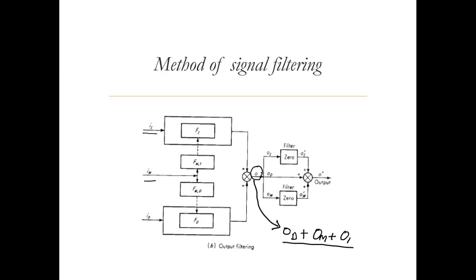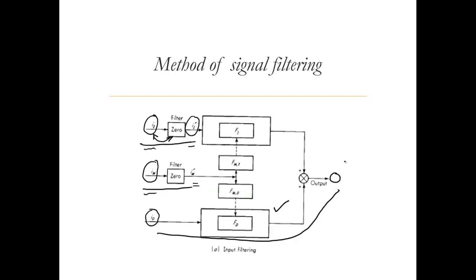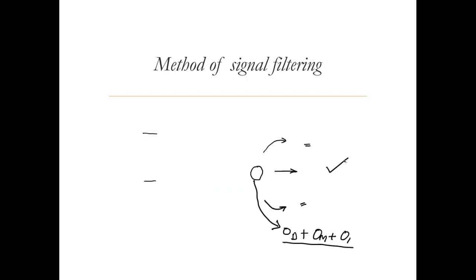So you can always analyze an output for such things, and then design these filtering mechanisms so that the output itself can be filtered, so only the desired output is allowed to pass through. So you have a filter that blocks the output due to the interfering inputs and the output due to modifying inputs; it doesn't allow them to go out. So there is almost nothing out of these, only the desired output is passed, and that is what is desired. So this is output filtering, and this is more of input filtering. It filters at the input, filters at the output.